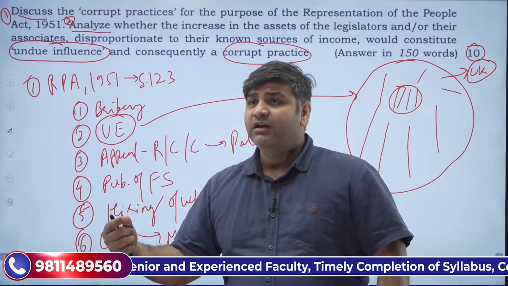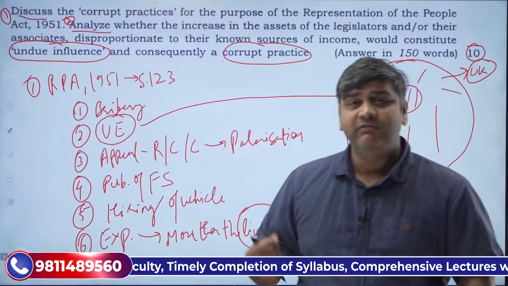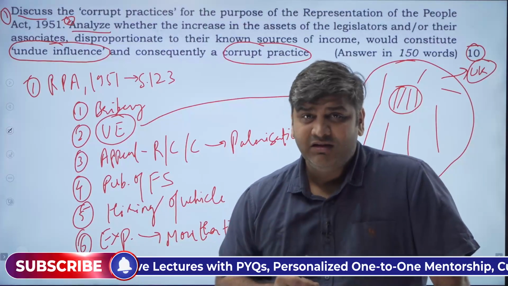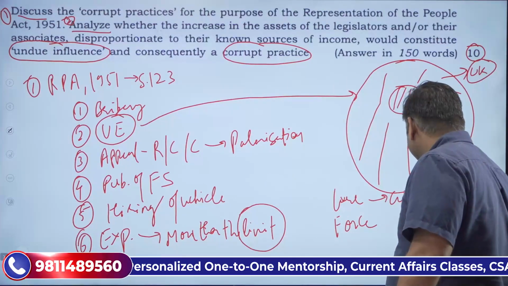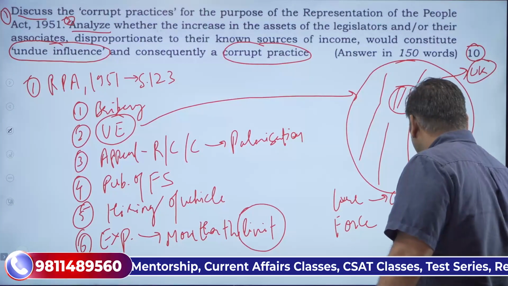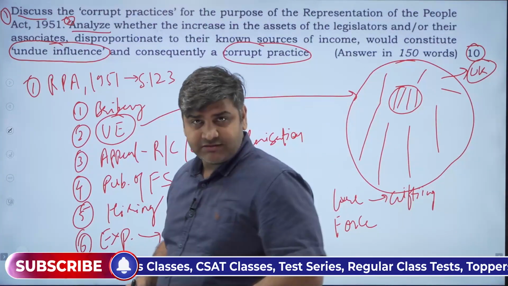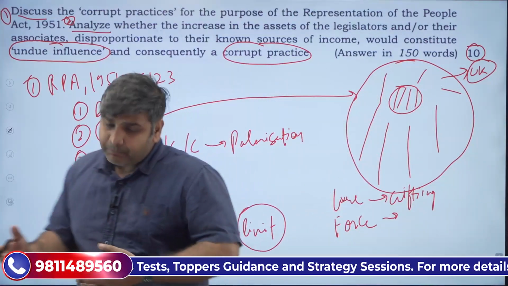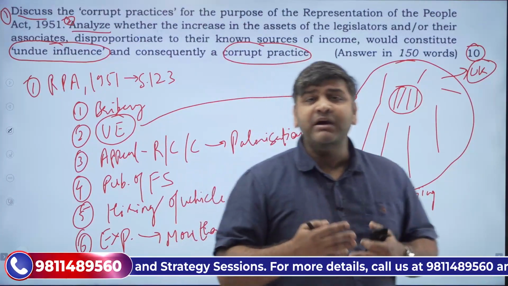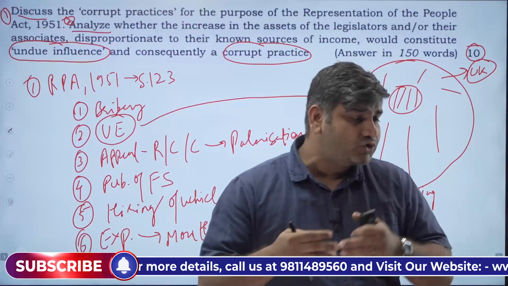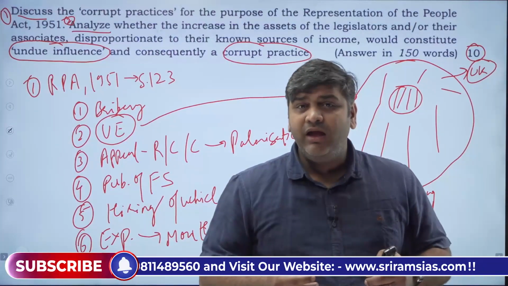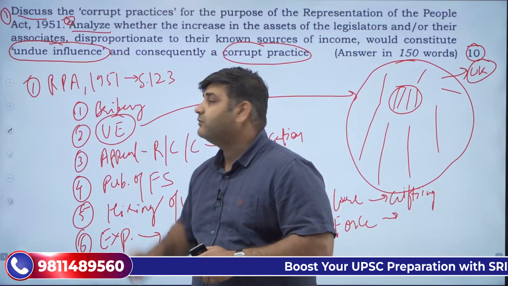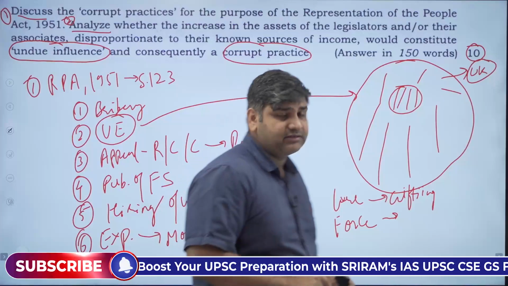Coercion, force, by using the money which you have, by putting some kind of influence on the officers of the Election Commission, or luring by gifting either the public or the officers, and forcing them using muscle power. Muscle comes by money. So indirectly the money is used to force the officers, money is used to bribe the public, and once it is proved, it can be called a corrupt practice and undue influence. So this is something which you can write in your answer.